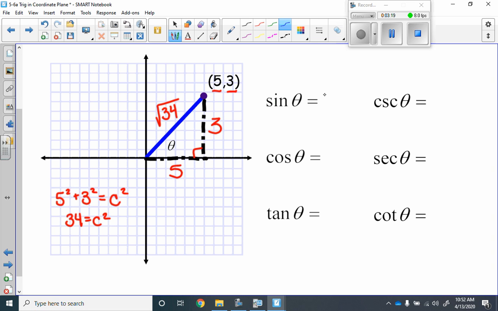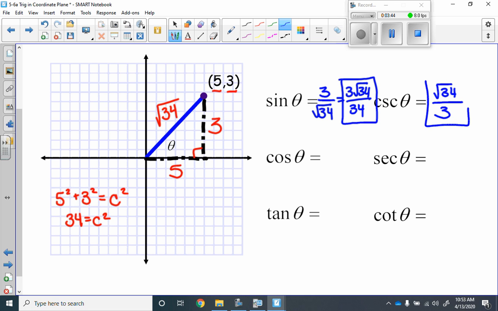So now you have a triangle. And to find our ratios, if here's my angle of theta, sine is opposite over hypotenuse. So 3 over the square root of 34, which we could simplify to 3 square roots of 34 over 34 for your sine. The cosecant is going to be the reciprocal of that, so square root of 34 over 3. Cosine is adjacent over hypotenuse, so 5 divided by the square root of 34.